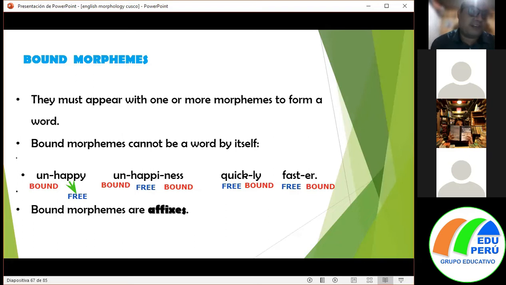Remember that we also have infixes and circumfixes. In English, remember that we don't usually use infixes, but I showed you a few examples, like incredibly bloody, bloody. Here, in order to exaggerate, to emphasize, you use this, but it's not so common.